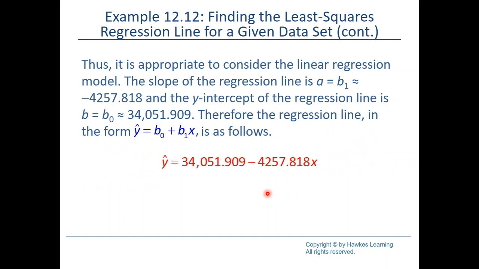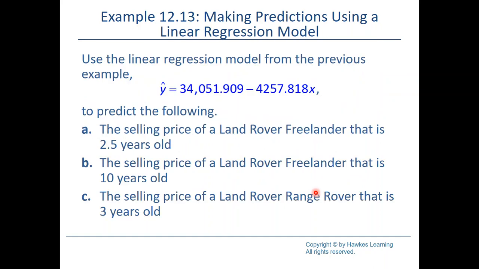So because it was a linear relationship between these two variables, I can just plug in what I know my A and B were and put them in the formula, and we get basically our regression line as follows. Now that we've created this regression line, I want to use it to predict something.